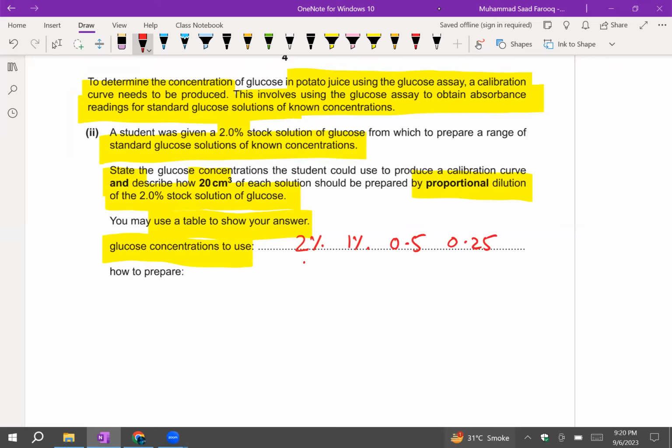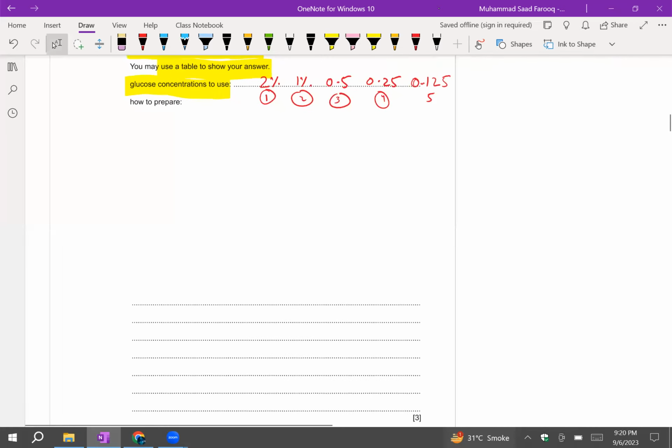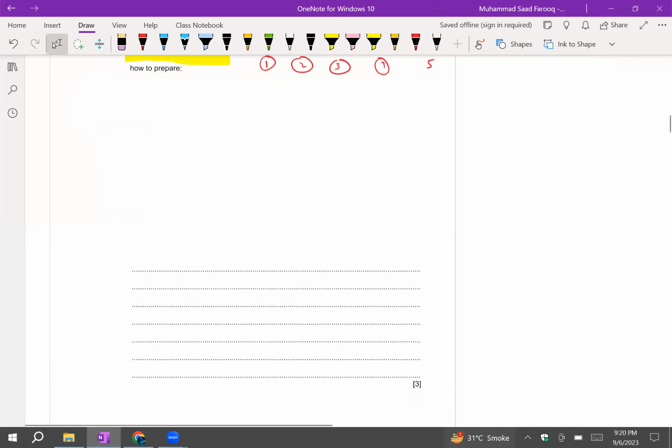So this is number 1, this is 2, this is 3, this is 4, and let's say we are also making 0.125%, and this is our 5th reading, right? So now, how can we prepare these readings? How can we prepare them? We need to talk about it.